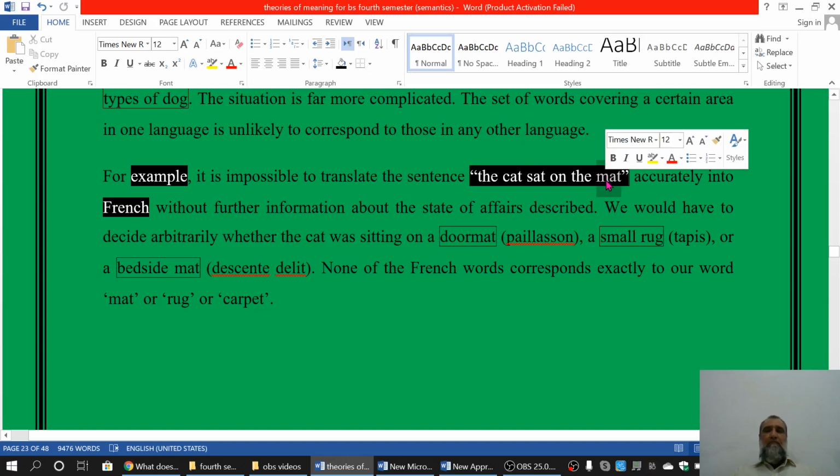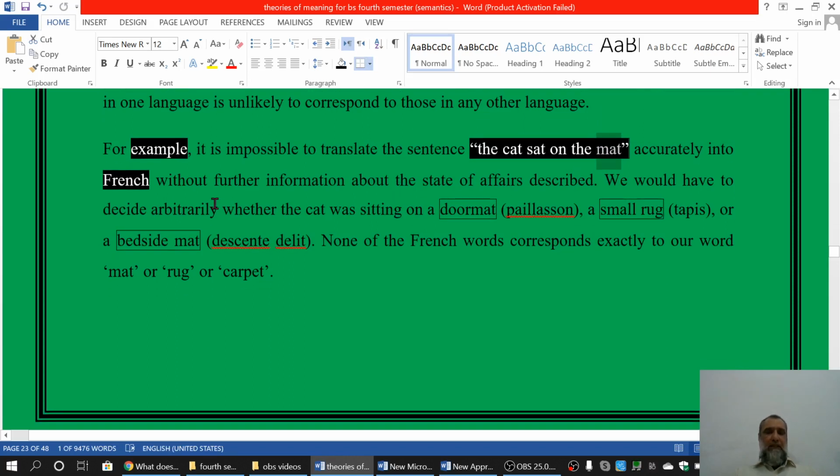Now the meaning or the semantic field of mat is not that great in English, but it is very vast in French, and therefore we do not have an exact word for mat because there are different types of mats in French. For example, there is one type of mat which is called doormat, close to the door, and that is referred to as paillasson. I don't know the French pronunciation. However, this is the word used for the doormat.